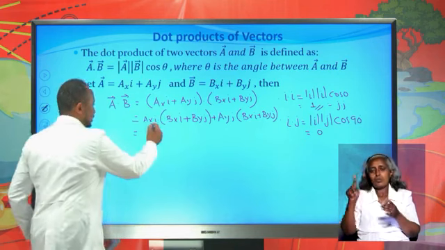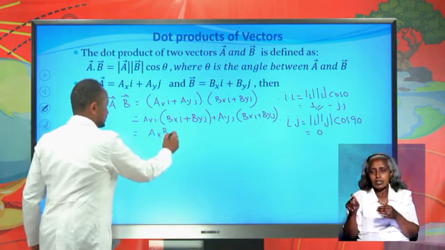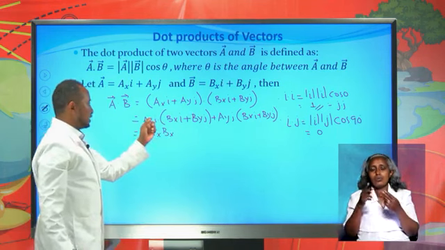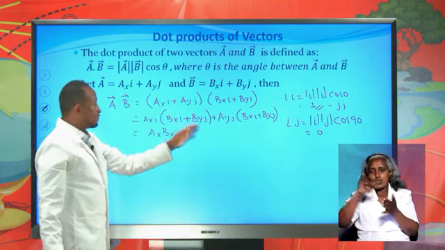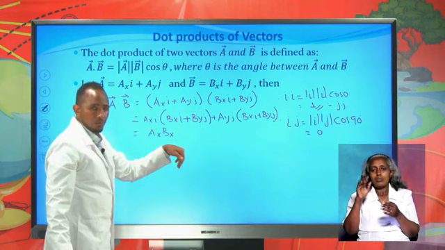Therefore, this gives AX BX. Then AX BY times I dot J. I dot J is 0. Therefore, AX I dot BY J is 0.